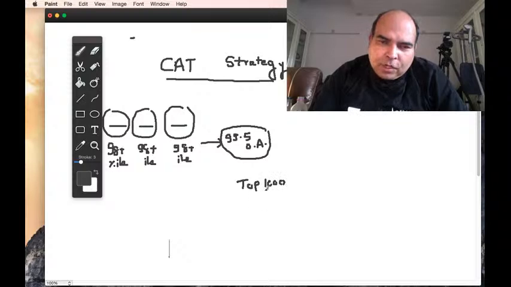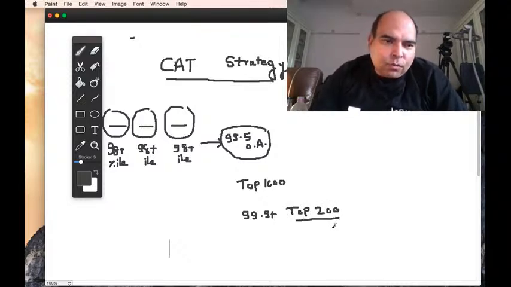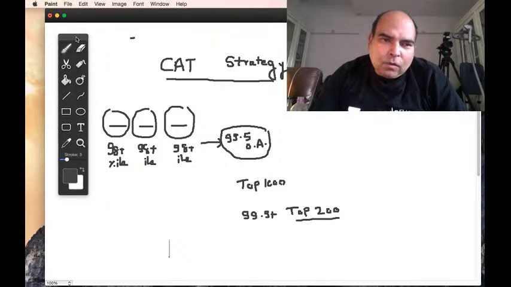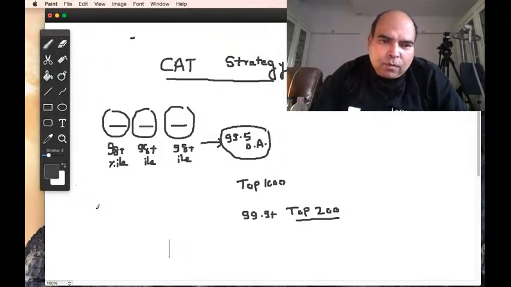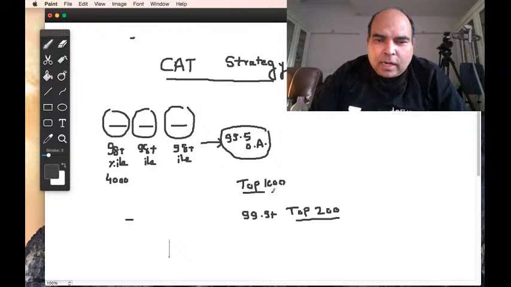And if you're looking at crossing 99.9 plus percentile, you need to be in the top 200 in the country. Getting in the top 200 out of 2 lakhs is not a very easy thing to do. But look at it from another angle: if you achieve 98 percentile in a section, it means your rank is around 4,000 in that section. Getting a 4,000 rank is not so intimidating as getting a top 1,000 rank or a top 200 rank.